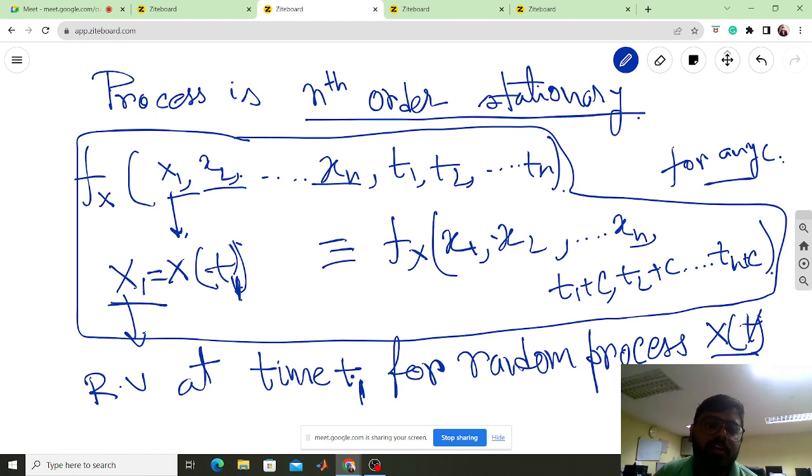If we sample that random process at t1, we will get a random variable x1. Similarly at time t2 we get x2, and similarly tn.